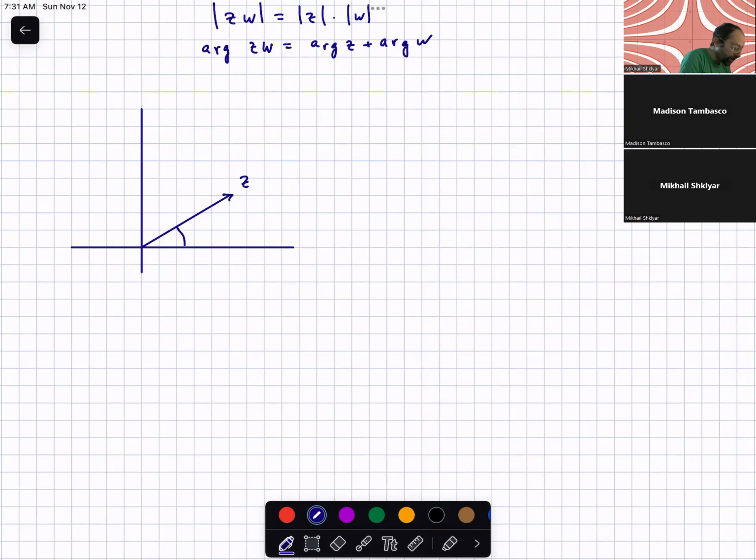This angle over here that z makes with the positive x-axis is called the argument of z. And the length of z from the origin is called the magnitude of z. So this over here is the argument, and this over here is called the magnitude.